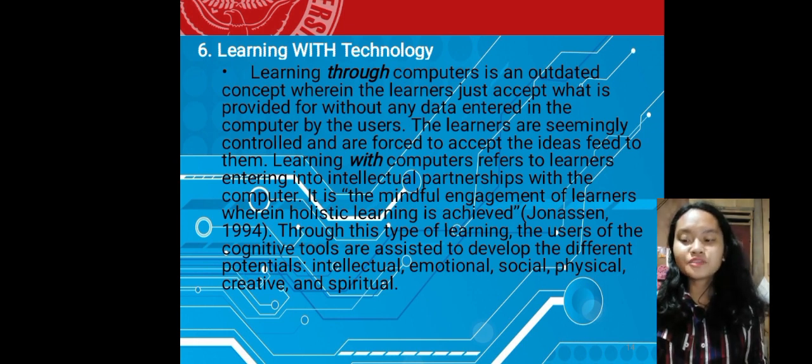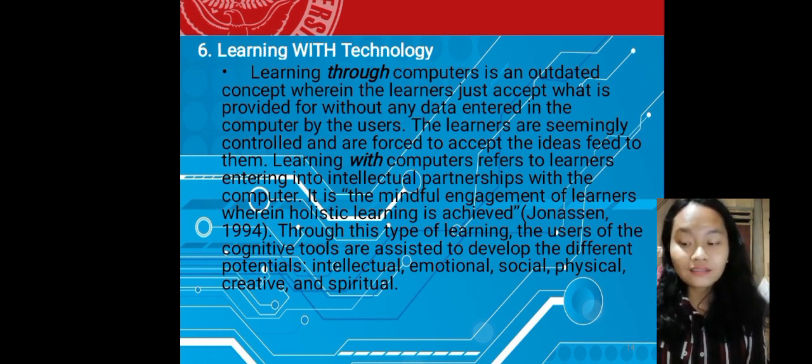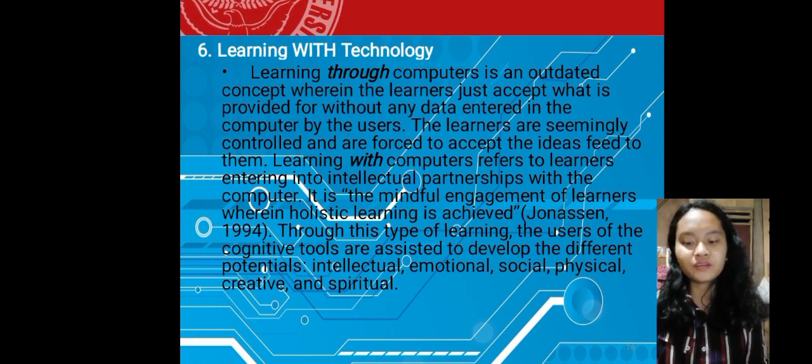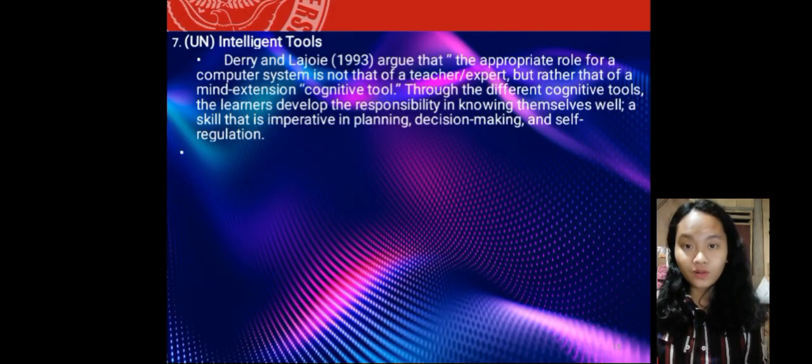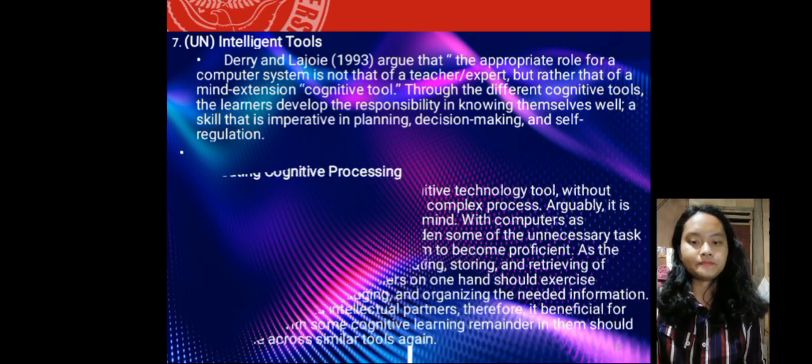So the difference between learning through technology and learning with technology is that the former is like spoon feeding. They'll just accept what is provided, while in the latter, learners learn with the help of technology, especially in developing the different facets like intellectual, emotional, social, physical, and spiritual skills.